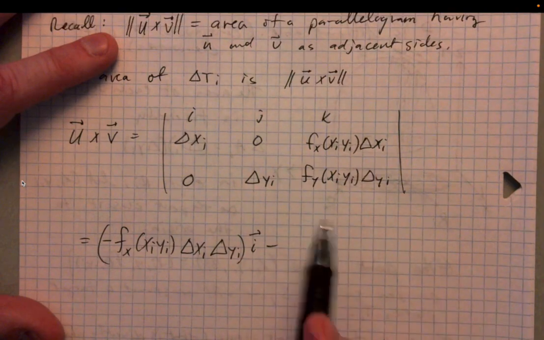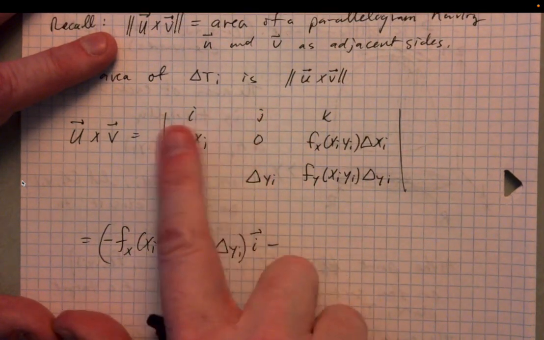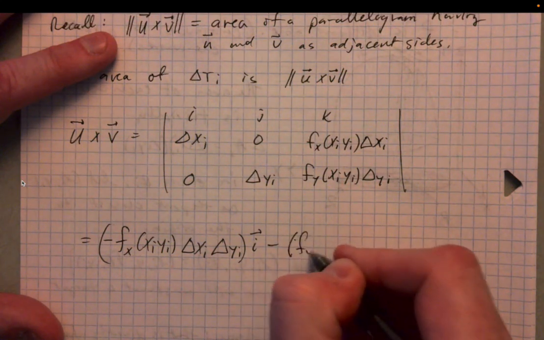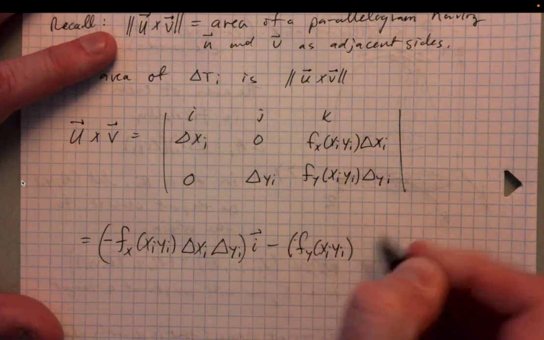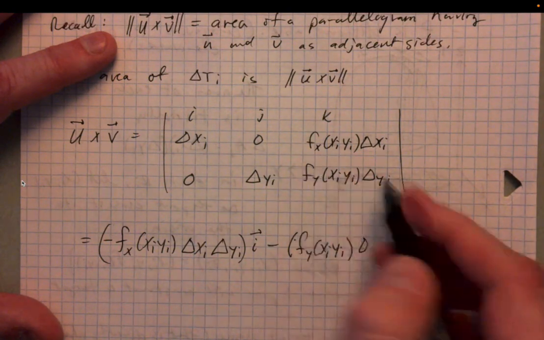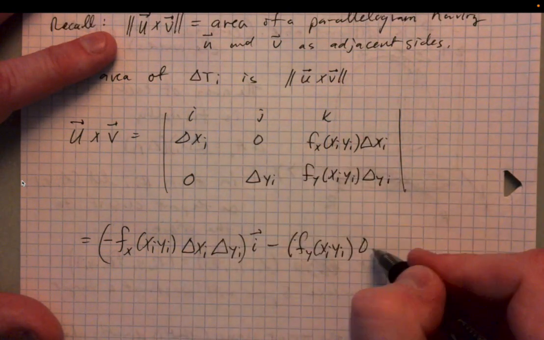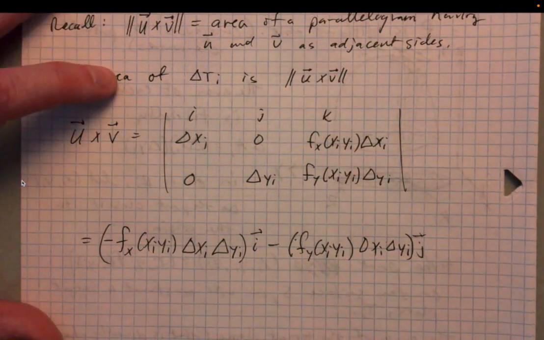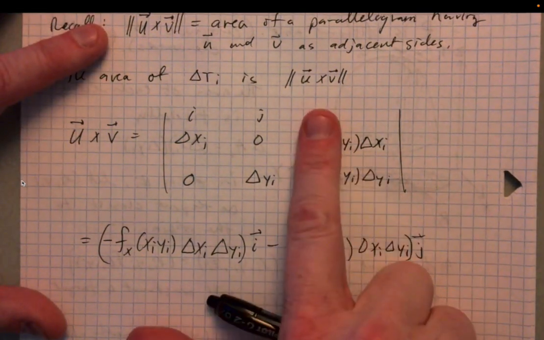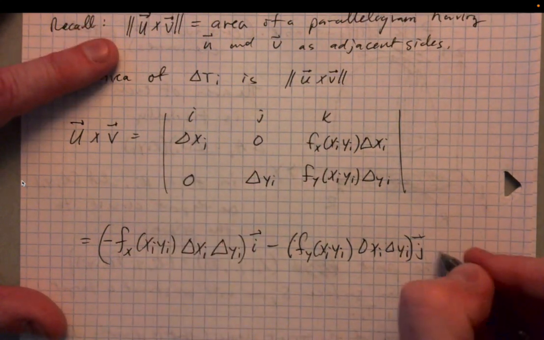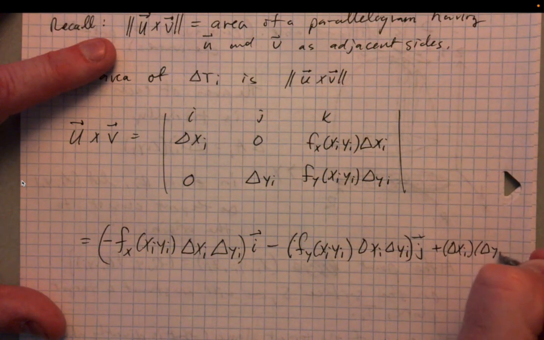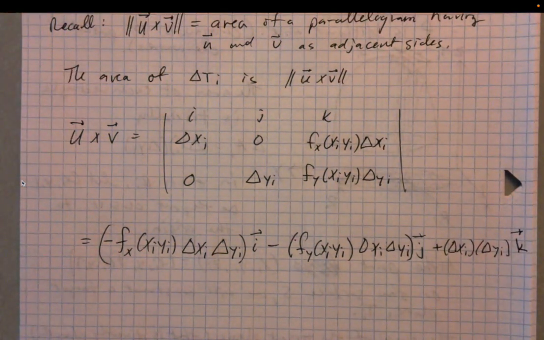And then minus, and when we do the j component, we cross that out, and we would get minus f sub y at (xi, yi) delta xi delta yi. That's the j component. And then the k component, we cross this out, and it's just the product of those two. So it'll be delta xi delta yi times the k vector.